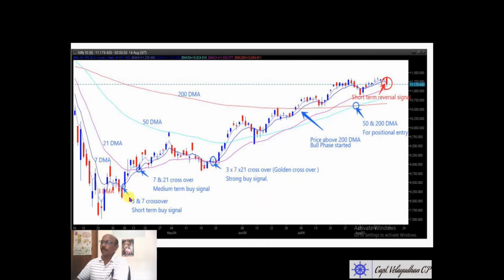Here the 3 period moving average was crossed by the 7 period. So this 7 period is a longer time period compared to the 3-day, and the 3-day crossed here. That gives a short term buy signal, and the signal continued all the way here till it crossed back here. So this first entry made good profits.